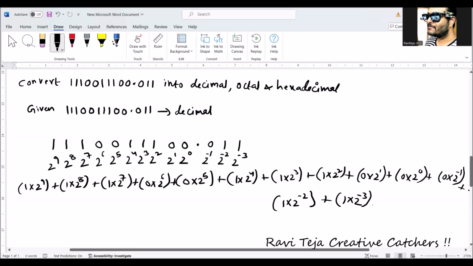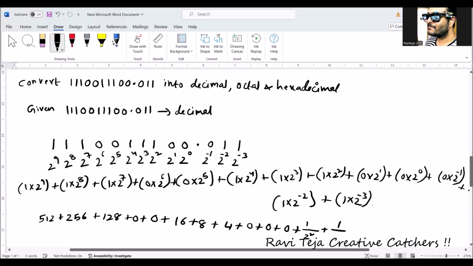Now, let's see all the terms. 512 plus 256 plus 128 plus we have 0, we have again 0. 1 into 2 power 4 is 16. 2 cube is 8. 2 square is 4 plus 0 plus 0 plus 0 plus 1 into 2 square plus 1 by 2 cube.